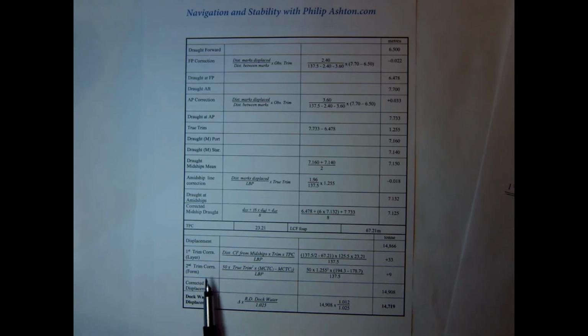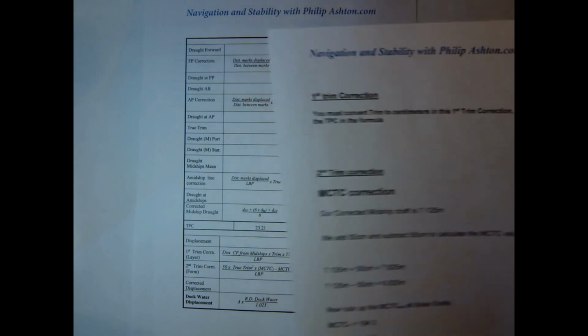The second trim correction you always add, and it's 50 times the true trim squared. Notice now we revert back to 1.255 for the true trim, and let's look at how we get the MCTC value. So our corrected midship draft is 7.125.